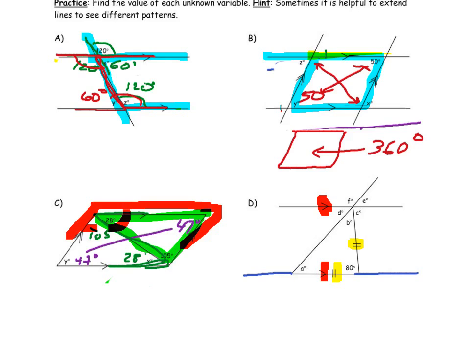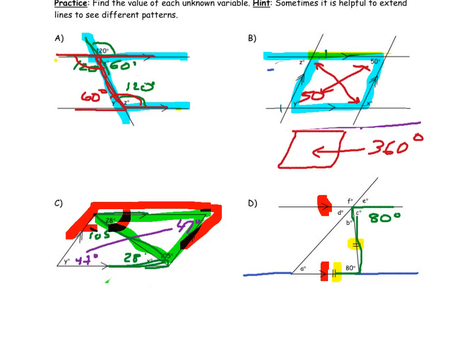There are so many ways to start this question. It depends on what you see. Perhaps somebody out there might see the Z pattern and get that angle C is 80.